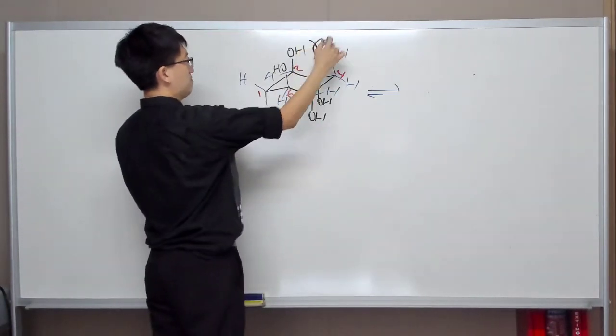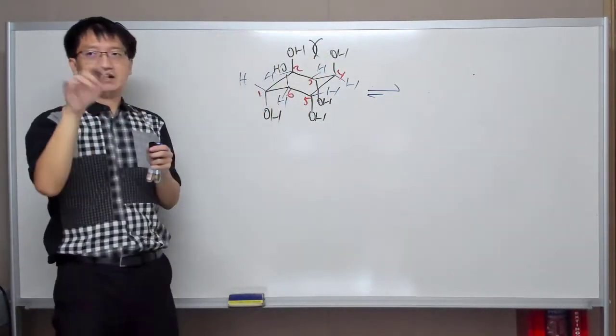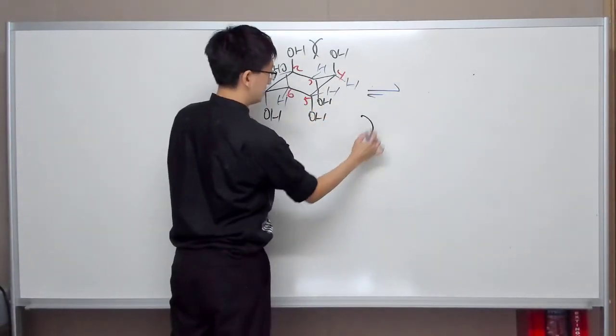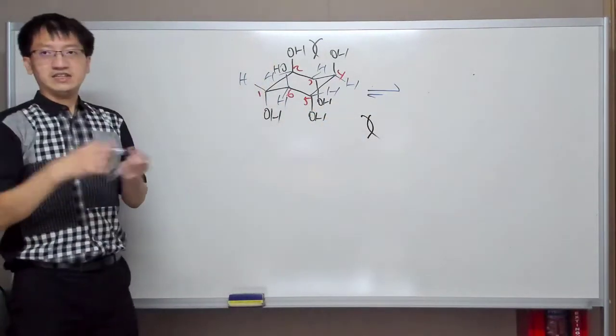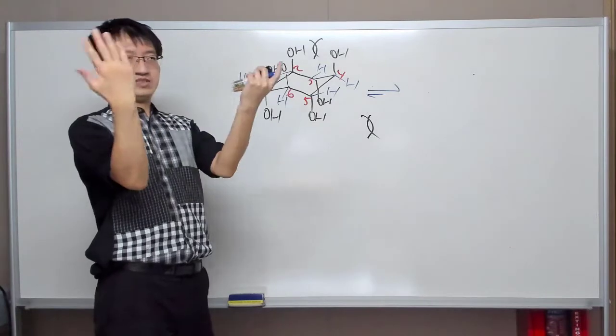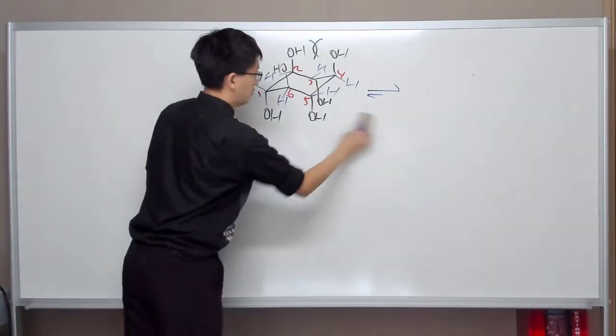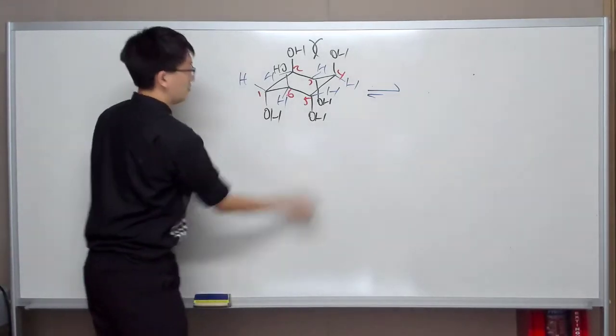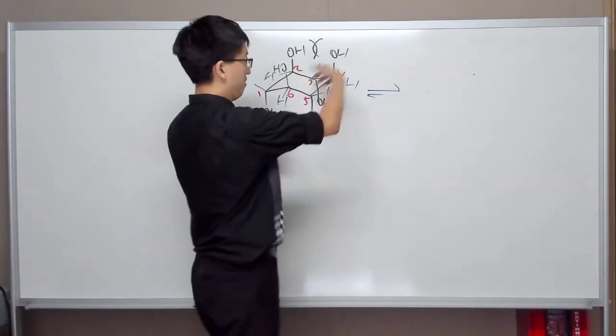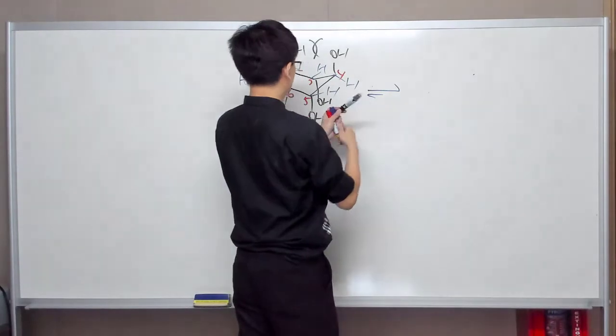Normally we represent steric repulsion with this symbol, like two semi-crescents crisscrossing each other. This is what we call 1,3 diaxial interaction. It's not favorable, so it will tend to ring flip to a conformation which is more stable.